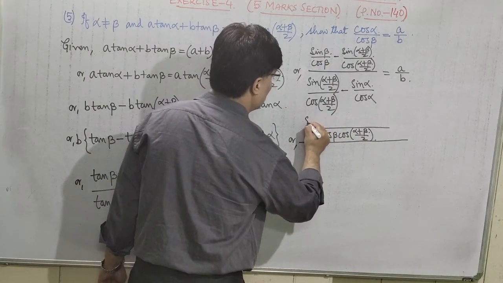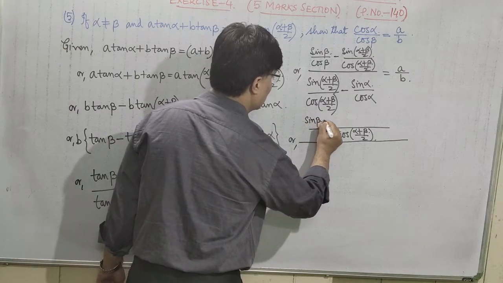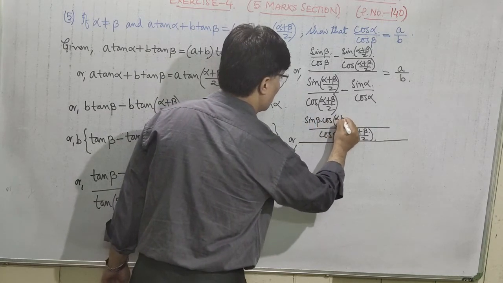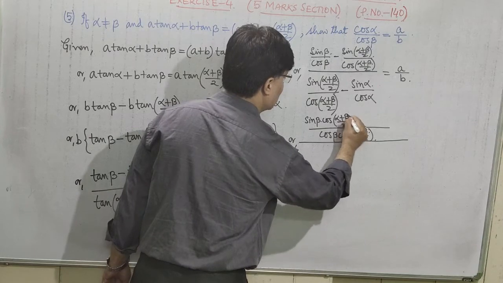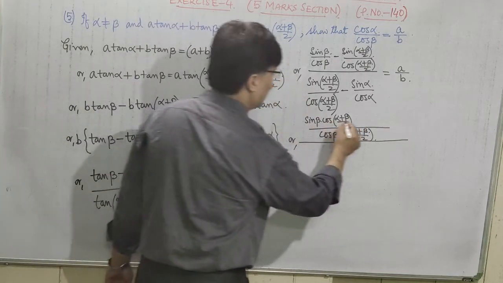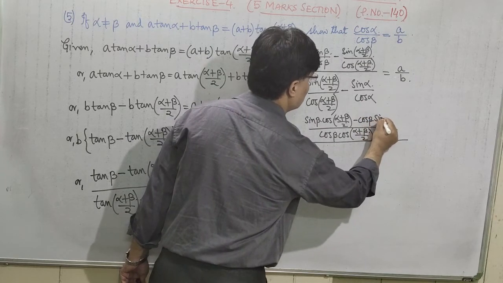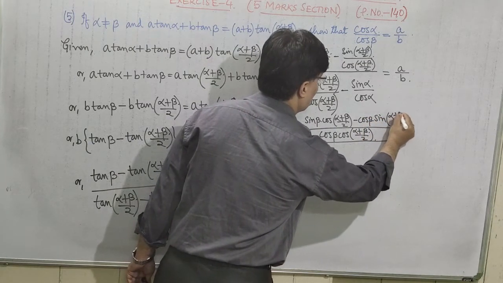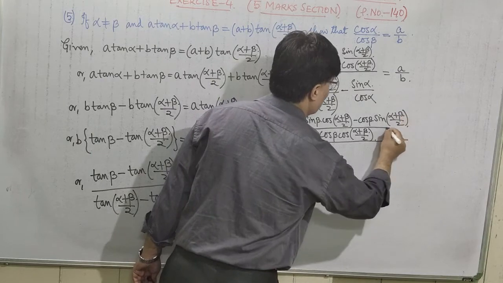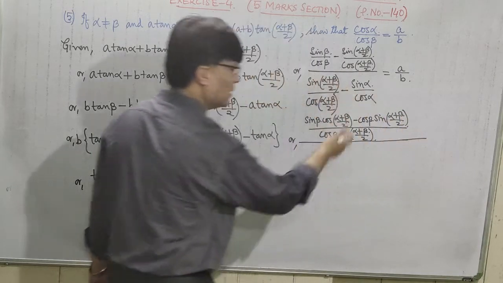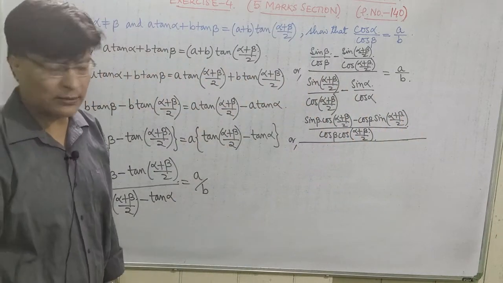So this is sin beta into cos of (alpha plus beta)/2, right? Then minus cos beta into sin of (alpha plus beta)/2. Now you know how to simplify it: take the LCM and simplify the numerator.